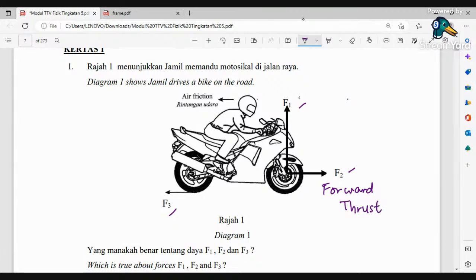And then this one upwards, we call it normal force or normal reaction. Three is frictional force, the force that opposes the motion of the motorcycle.